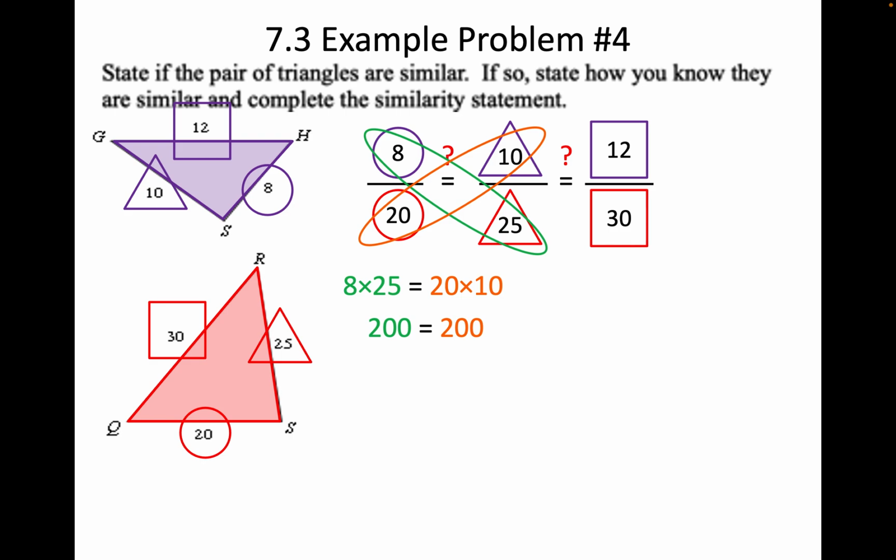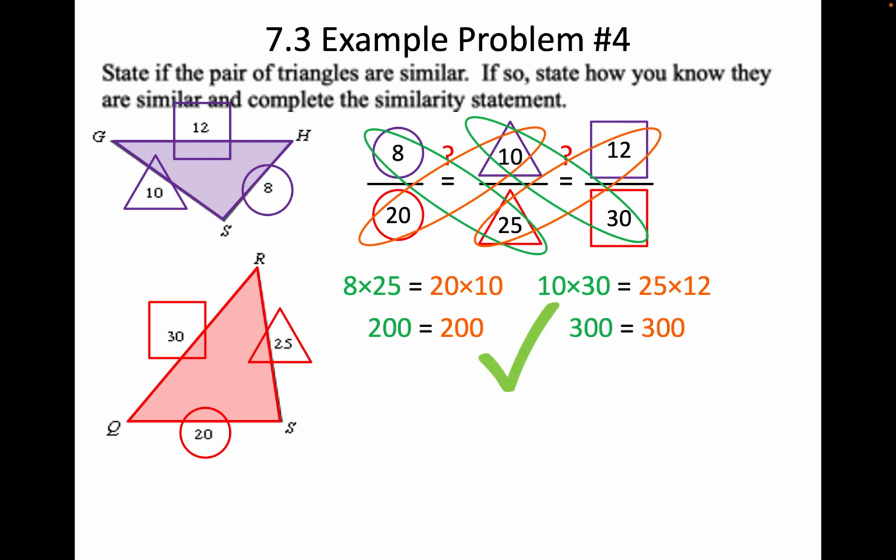Is 200 equal to 200? Yes, that's true. And then I can do the same thing for the second and third ratios. So using 10 and 30, cross multiplying that with 12 and 25, is it the case that 10 times 30 equals 25 times 12? And that would be 300 equals 300. So yes, both of those are true.